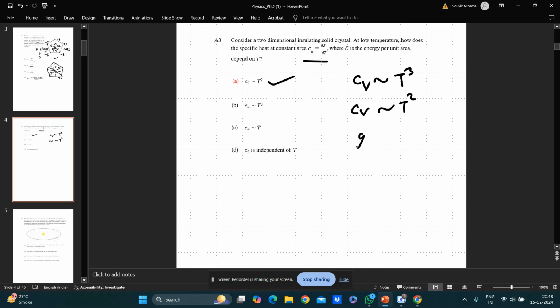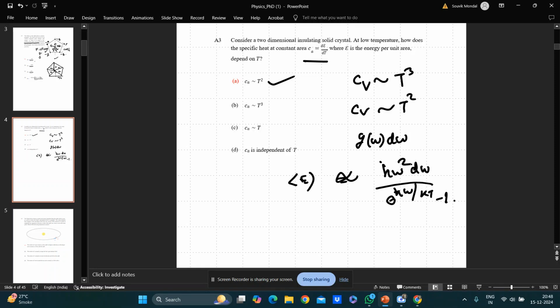For the derivation, g of omega d omega, that is the density of states, is proportional to omega d omega, divided by e to the power h cut omega by kT minus 1. If you now calculate the average energy, there will be an omega square.